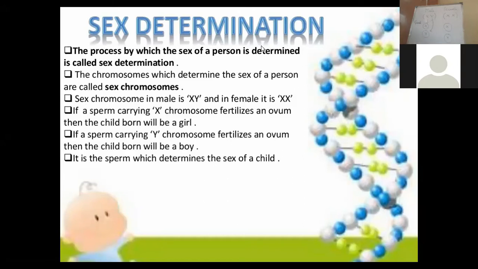Their chromosomes are similar. Now, if this X fuses with this X, or if this X fuses with this X, what will be the resultant? So I may write down the chances now.